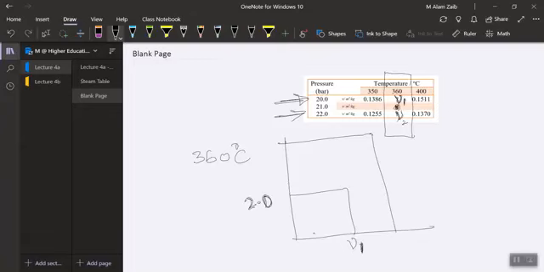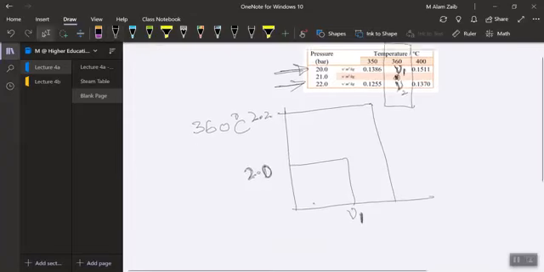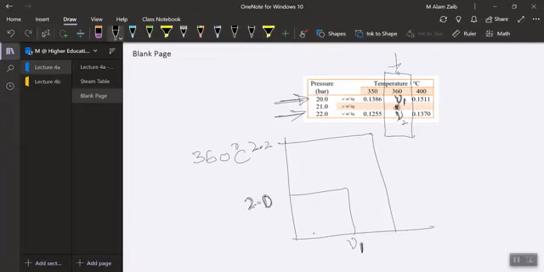At 2.2 megapascal, we did find out the volume at 360, which is V2. So now, at 2.1, I would find the volume, which is the required volume. I hope you understand that one.